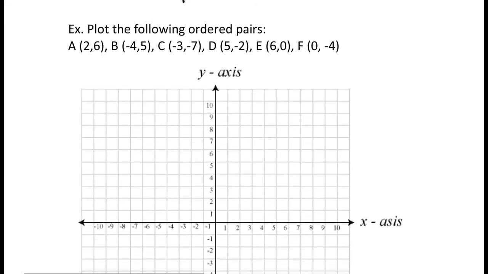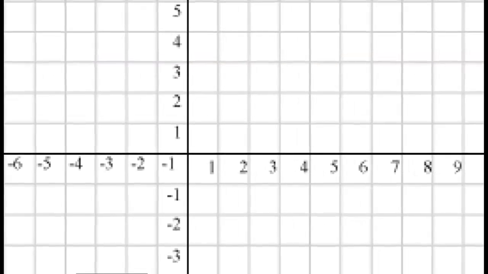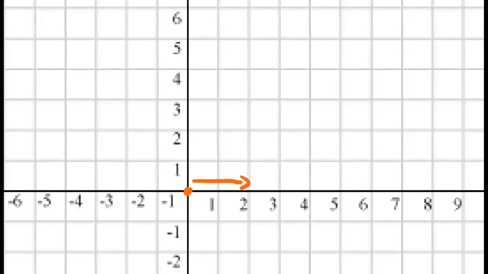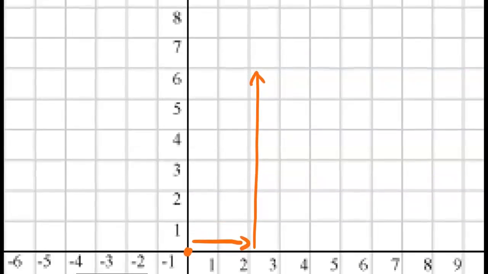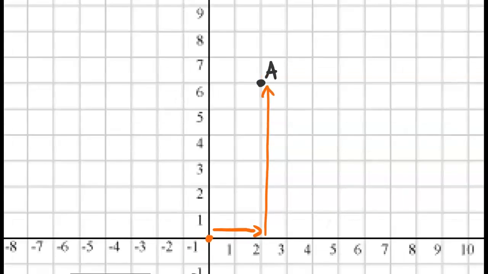Now we're going to be looking at plotting the following ordered pairs. For A here, we're looking at the point (2, 6). The first thing you want to do is start off at your origin, move over 2, and then move up 6. Your point is going to be right here. So this is where A is going to go.